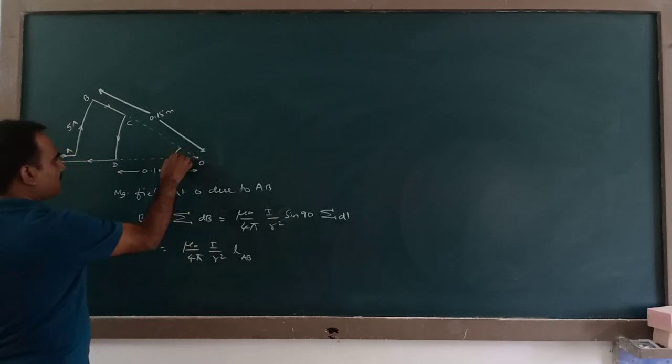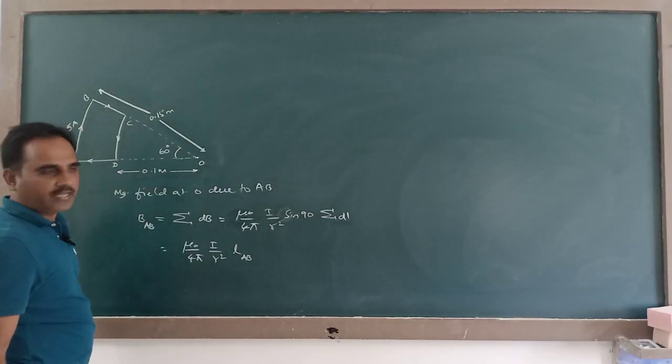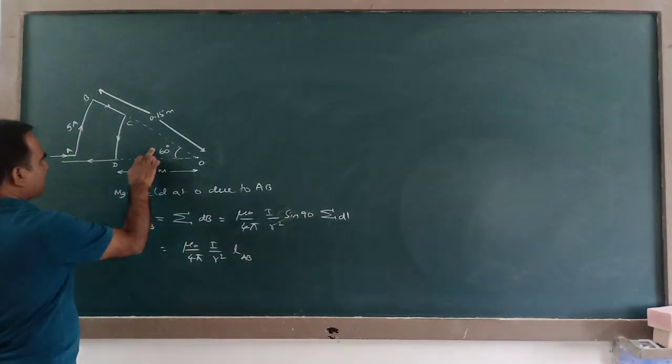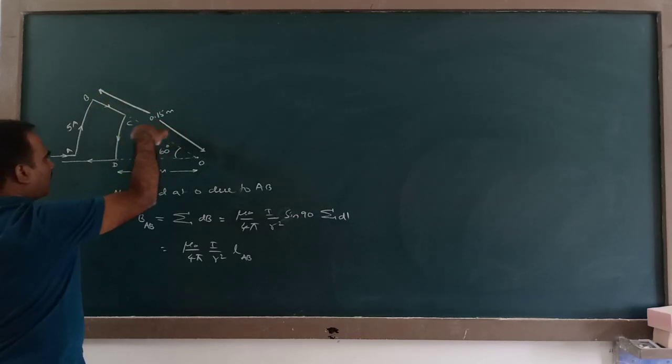This angle is given as 60 degree. 60 degree means pi by 3 radian. You know that this angle is equal to arc length divided by radius. So, angle is given, radius is given, so you find this arc length.